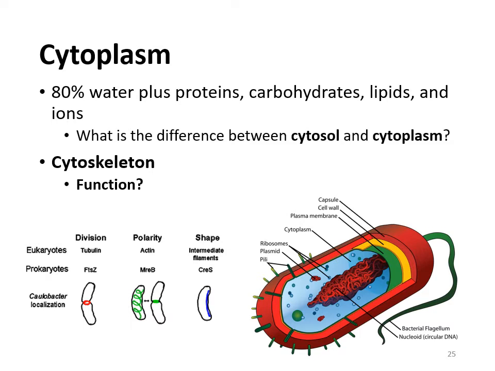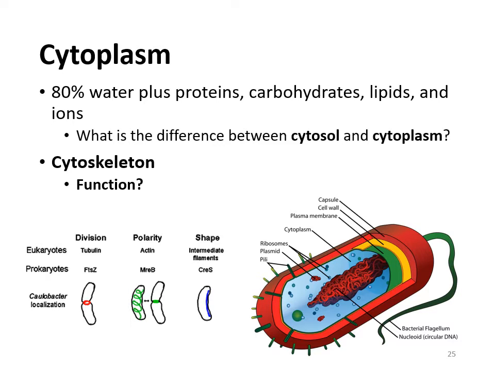The difference is that cytosol is simply the fluid within the cell, whereas cytoplasm is the fluid plus all of those dissolved suspended particles such as proteins, carbohydrates, lipids, and ions. Okay, so when I wrote here, this first bullet point here, this is the definition of cytoplasm, whereas cytosol would just be the fluid.